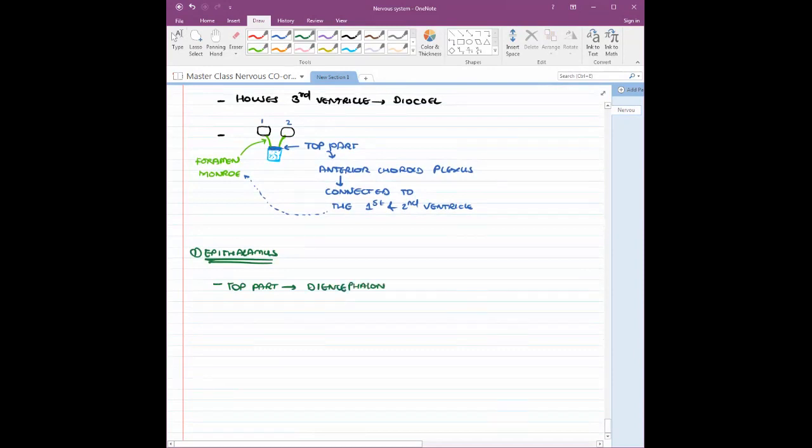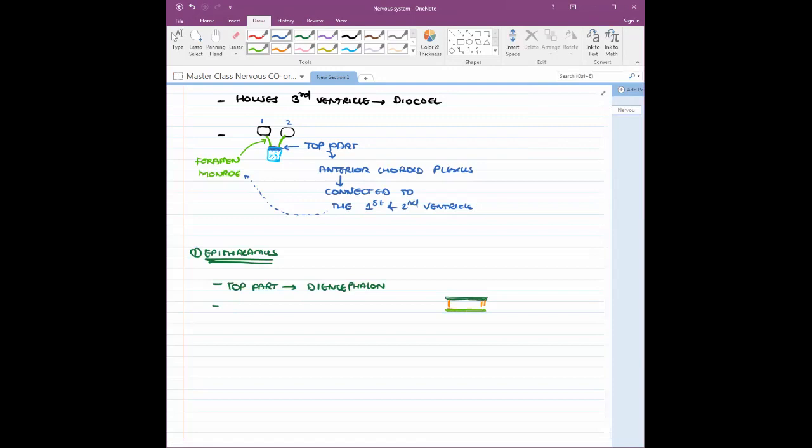Second thing, when we talk about this epithalamus, let me just show you. Let's imagine this was the epithalamus. Then we had the thalami on the sides, and then on the bottom side, we had your hypothalamus. Now, what have we said?